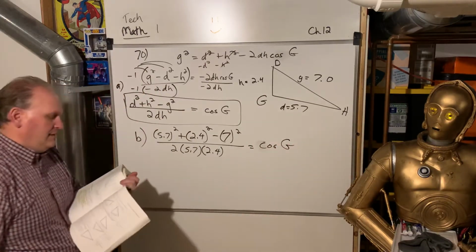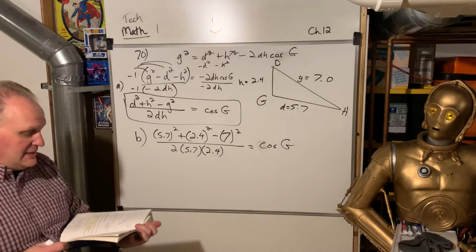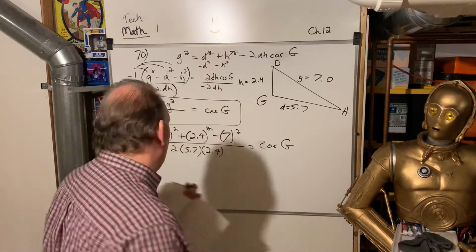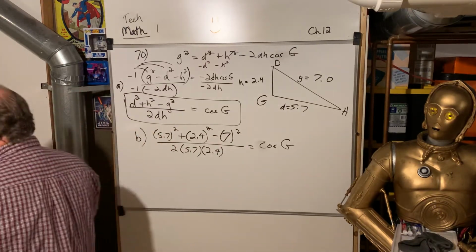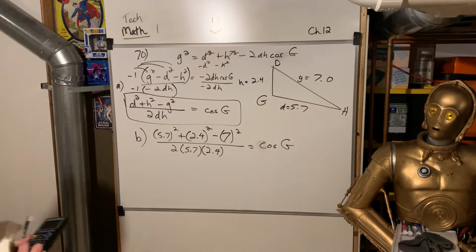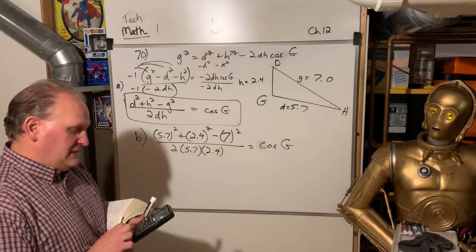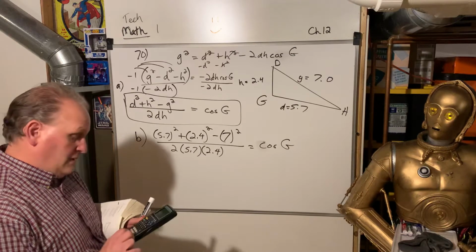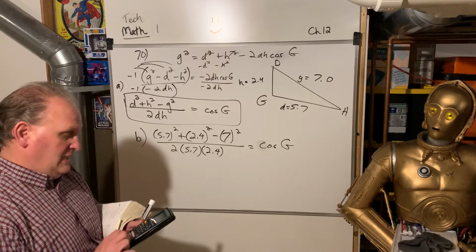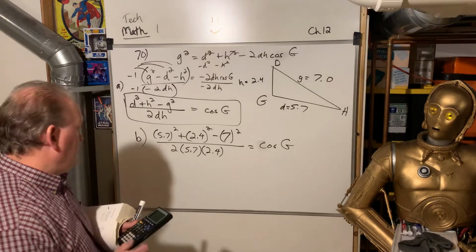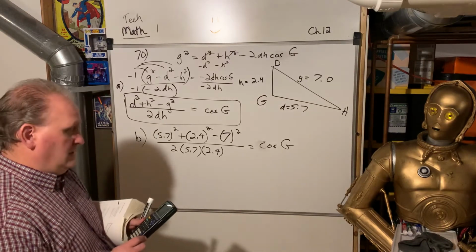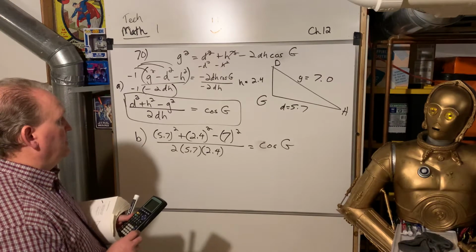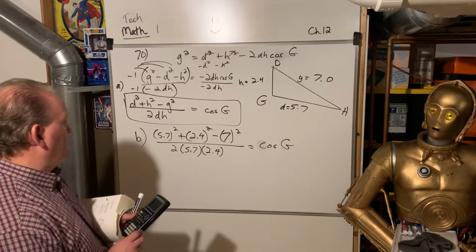All right. So you pop all that stuff in and we can do it. Let's do it. So 5.7 squared plus 2.4 squared minus 49 equals, that's negative 10 point, oops, I did something wrong. Minus 7 squared, did I do something wrong?